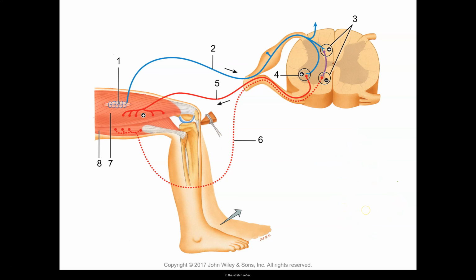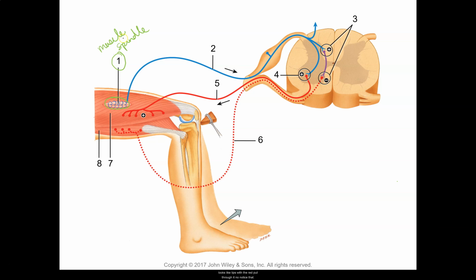So, in the stretch reflex, we are going to be detecting stretching of a muscle. So, the receptor, the sensory receptor, is known as a muscle spindle, and it detects stretching of the muscles. I kind of think it looks like lips with thread put through it.